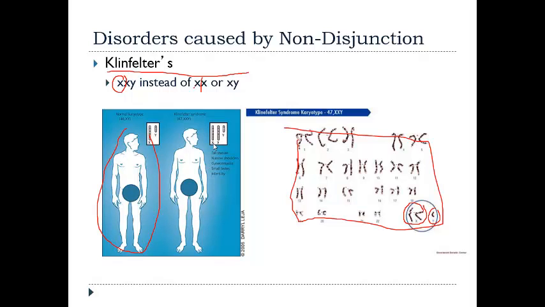They have the extra chromosome, so they have 47 chromosomes total, and this person would look like a boy except a little more feminine, broader hips, and a more slender body, narrower shoulders, and usually these people are treated with hormone treatments to help give them more the figure of a normal male.